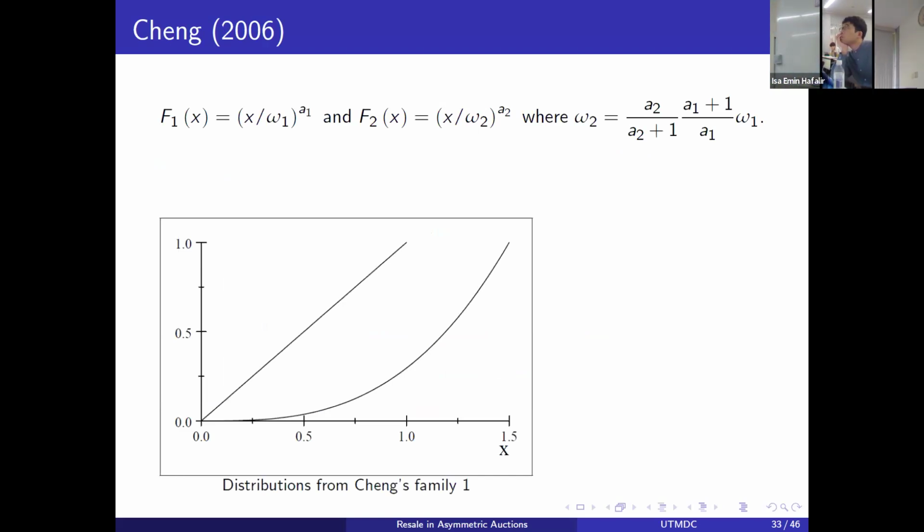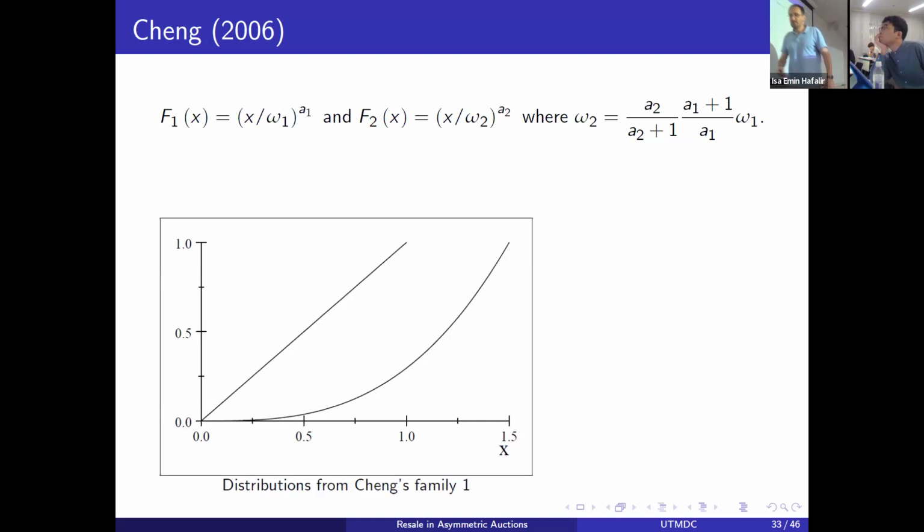The second one is by Chen, and this one is again power distributions, but it allows for two different parameters at the power part, but requires some inequality to be satisfied. So one of them can be a uniform, the other one can be a power, but they need to satisfy some conditions.